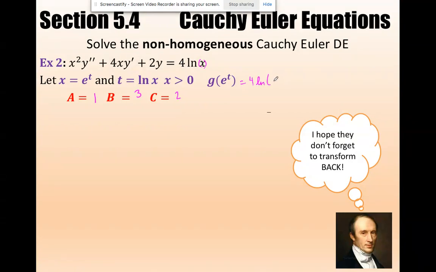For ln of what? Which is just 4t. Right? So our transformed equation is 1y double prime plus 3y prime plus 2y is equal to 4t.